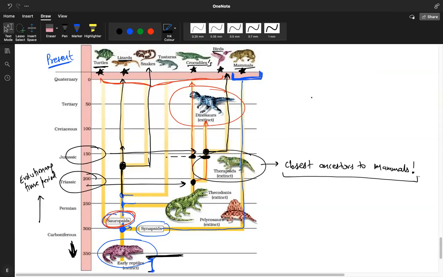And about dinosaurs, which were the land reptiles, you must have studied or heard that around 60 to 65 million years ago, they suddenly disappeared. We find their fossils till 65 million years ago, but after that we do not find any dinosaur fossils.